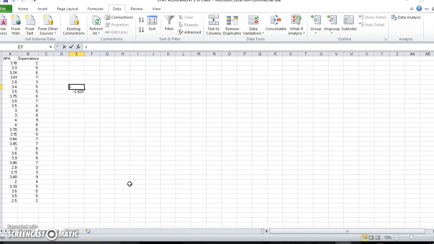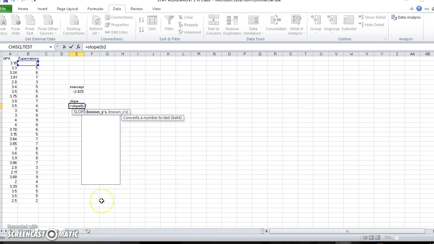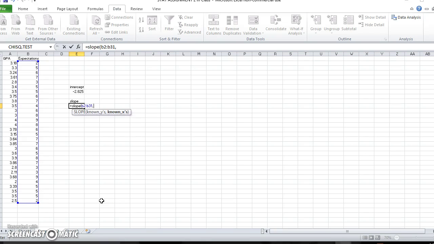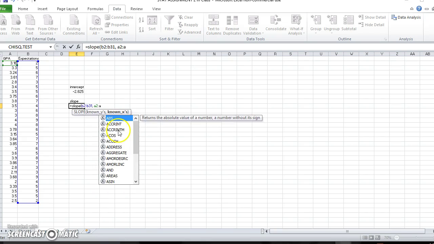The second part we need is the slope. To calculate this, we type equals SLOPE, open parentheses, again our known y's, so B2 to B31, comma, and again following this helpful guide here, our known x's are GPA, so A2 to A31.